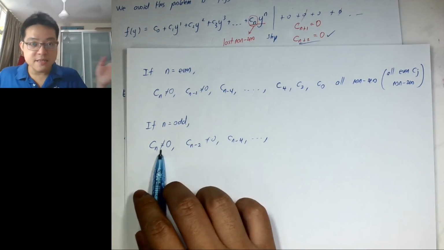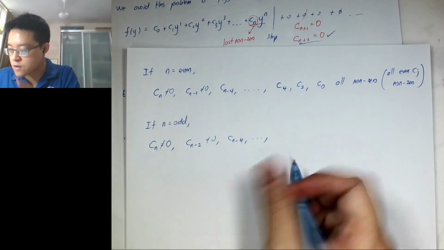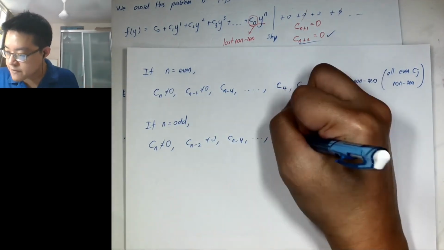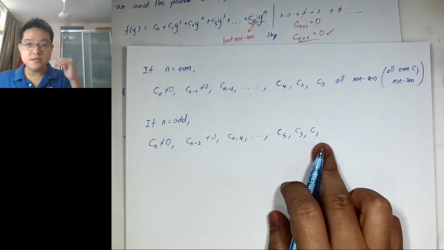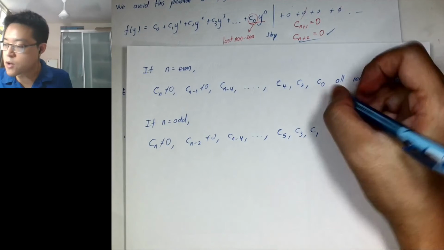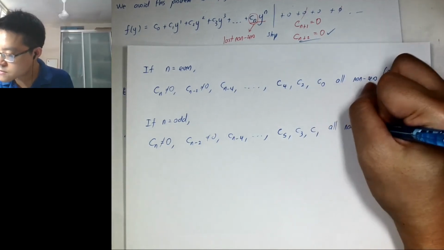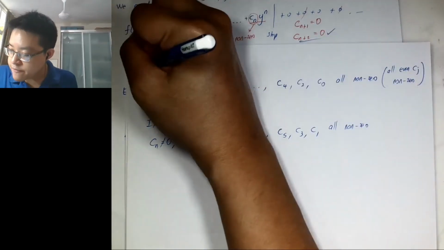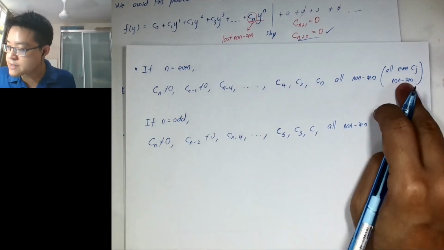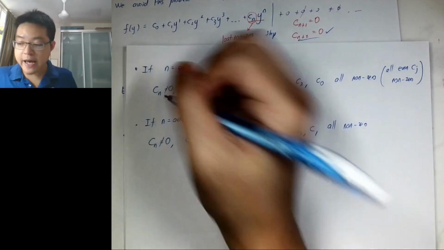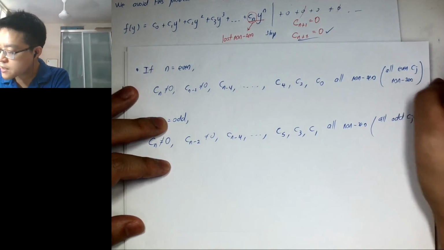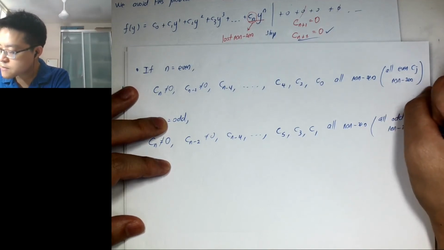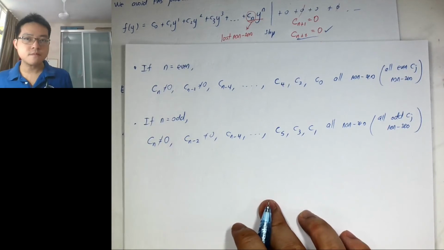If this is odd, this is also odd. That means I come to C5, C3, C1. The final one is C1. So all these are non-zero. So if n is even, all even coefficients are non-zero. If n is odd, all odd Cj are non-zero. Okay?